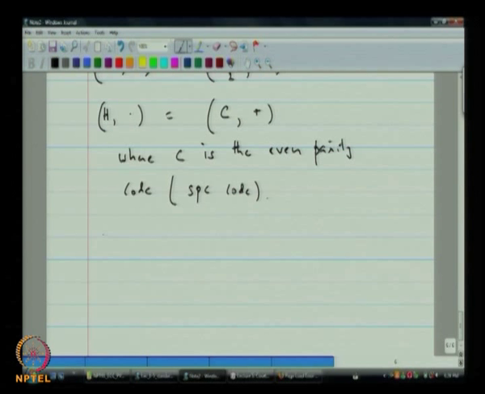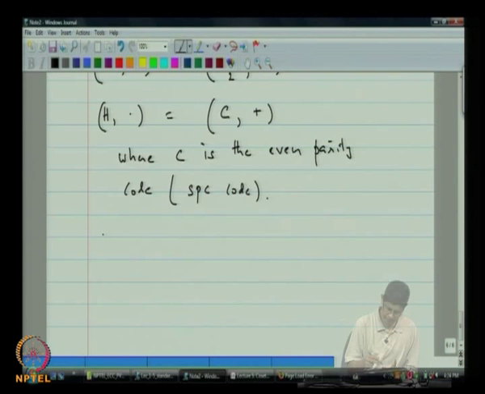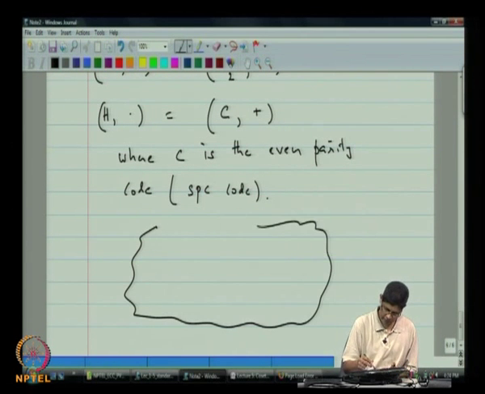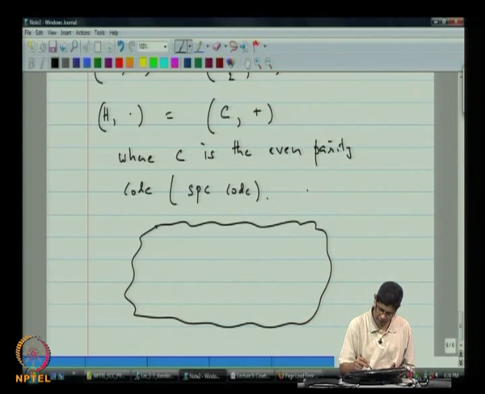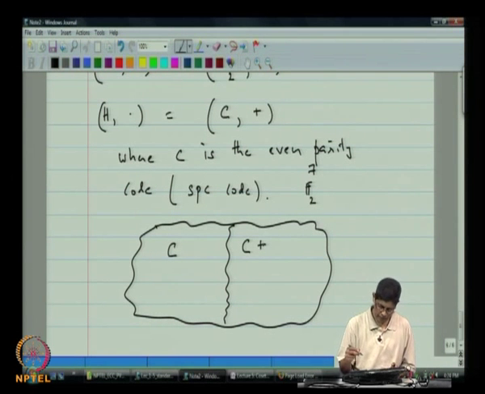So now, the cosets. You can verify that in this case what happens is that the set of all 7-tuples once again is partitioned into 2 classes. One is the code and the second is the code plus any vector of odd Hamming weight.